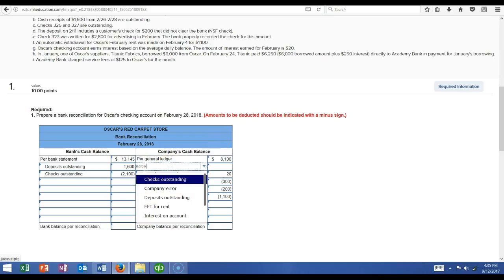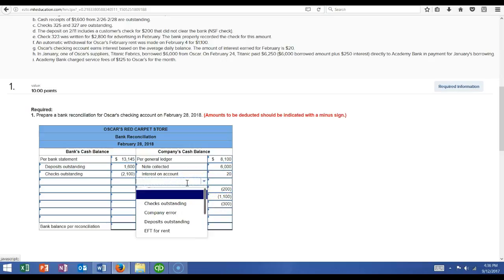So the note received is $6,000. I'm going to have to put this company error down here because I'm not going to have space for it. So I'm going to then also show the interest we received on this note of $250.